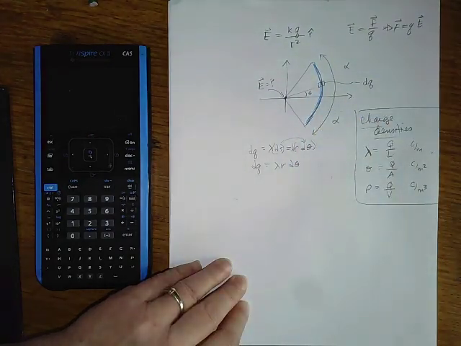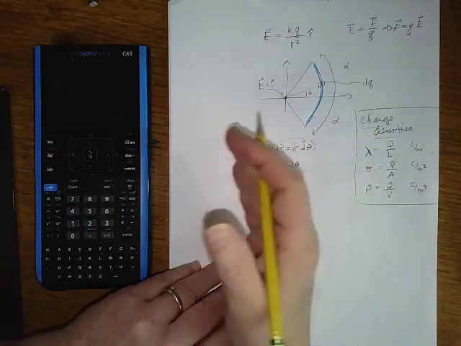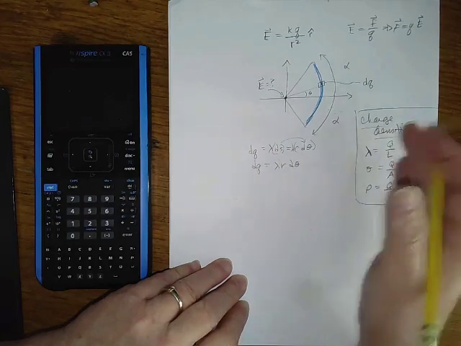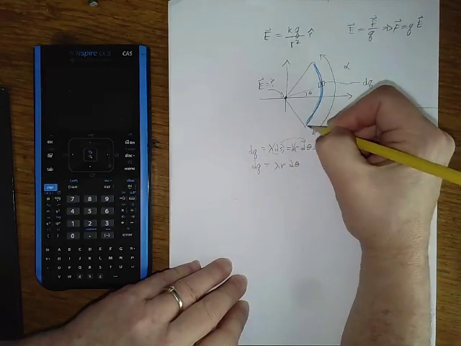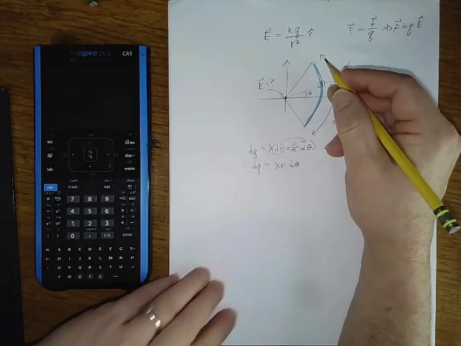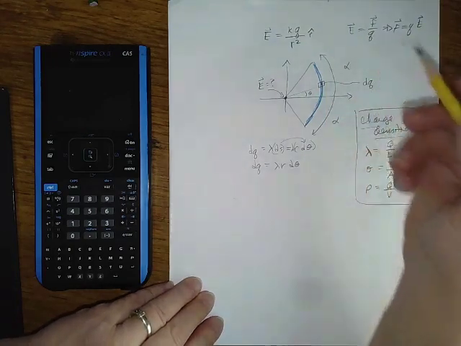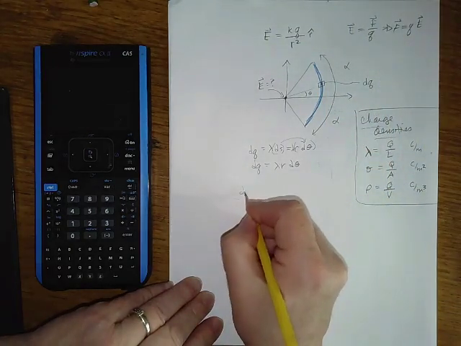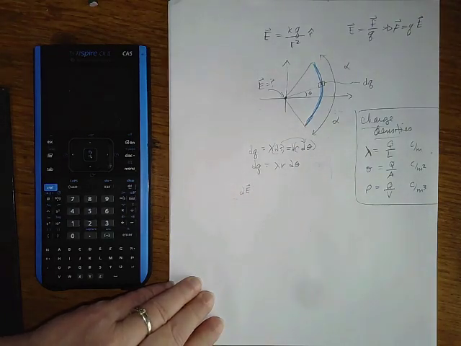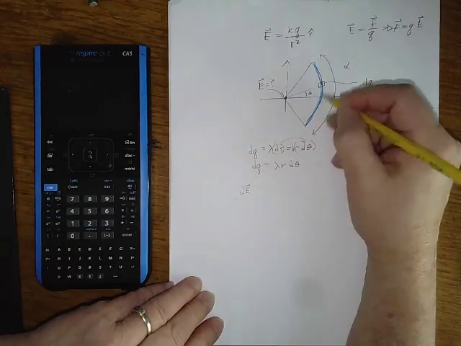So remember, integration is just the limit of a summation. Summation is just adding things up, and so integration means adding up every tiny infinitesimal point along this line. And so we're going to have a whole bunch of dE's, little bitty components of the field from every infinitesimal point.